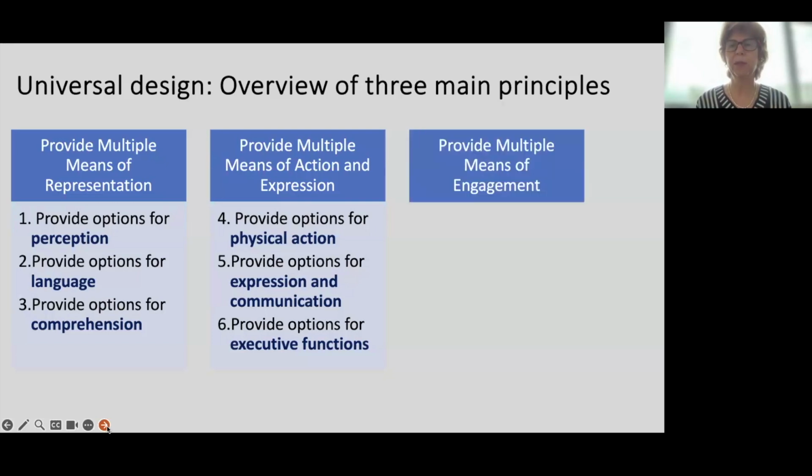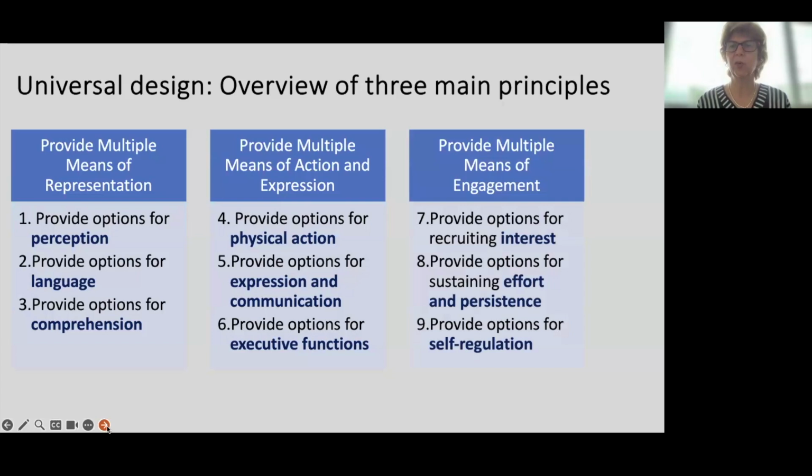And providing multiple means of engagement is basically making sure that our students are engaged in the language learning activity or in the educational activity in general. And it should mean that we provide options for interests, catering for students' different areas of interest, providing options for sustaining effort and persistence, so helping students monitor their own learning processes, and providing options for self-regulation, supporting students in how they learn, right?